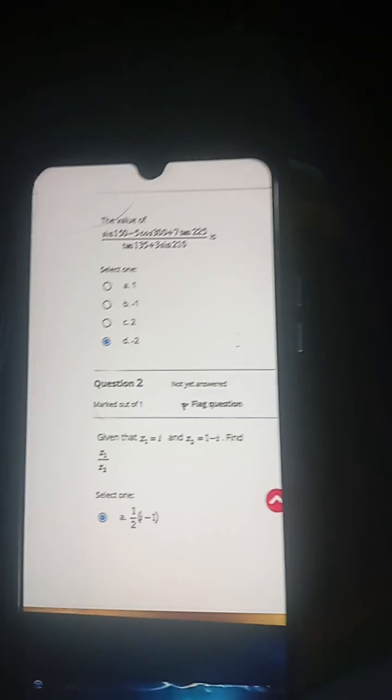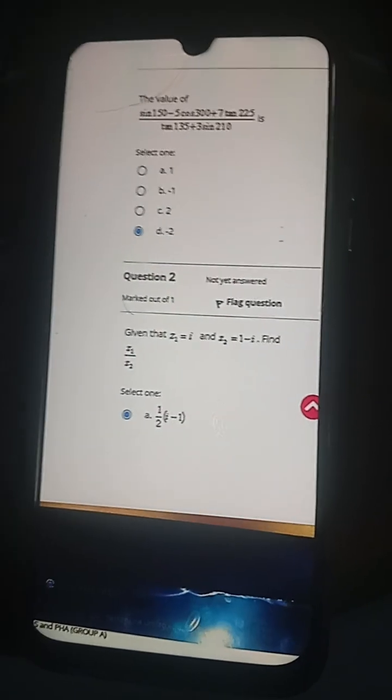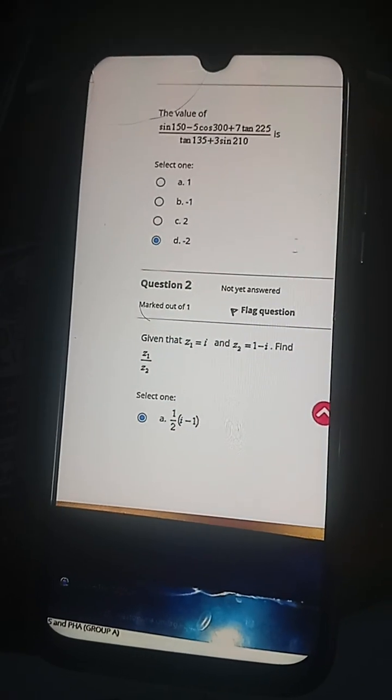The question on complex number. So how will you solve it? The first thing, try to make sure that your calculator is in complex mode. So you come here, you put 2. So now it's on complex mode. What it's trying to tell you is that you can solve any question on complex number. Look at the question very well. They said, given that z1 is equal to i and z2 is equal to 1 minus i, find z1 over z2.